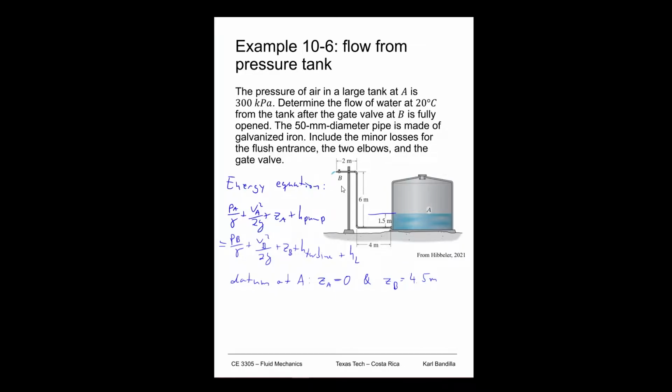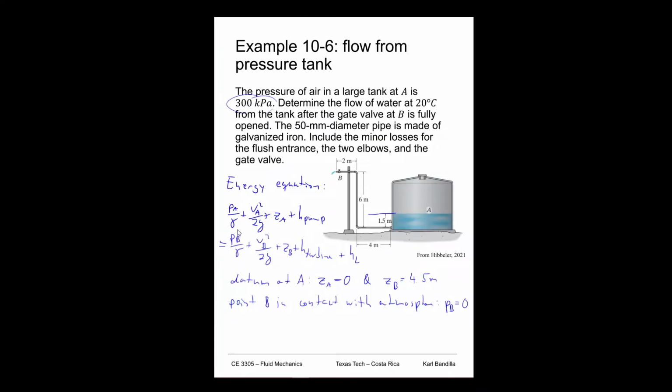We know that point B is in contact with the atmosphere. That means PB equal to 0. PA we're given, right? That's up here, 300 kilopascals.